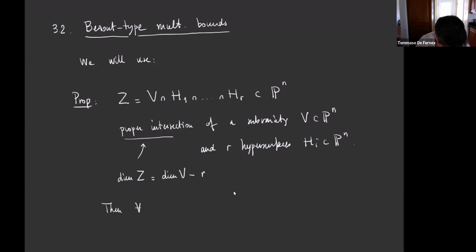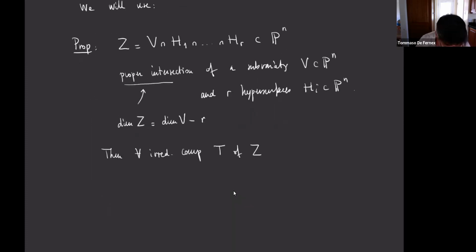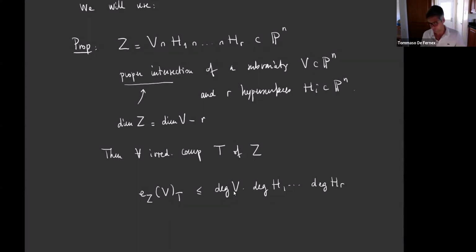Then for every irreducible component T of Z, the multiplicity of V along Z at this component will be less than or equal to the degree of V times the degrees of the equations H_i. Maybe write it this way.